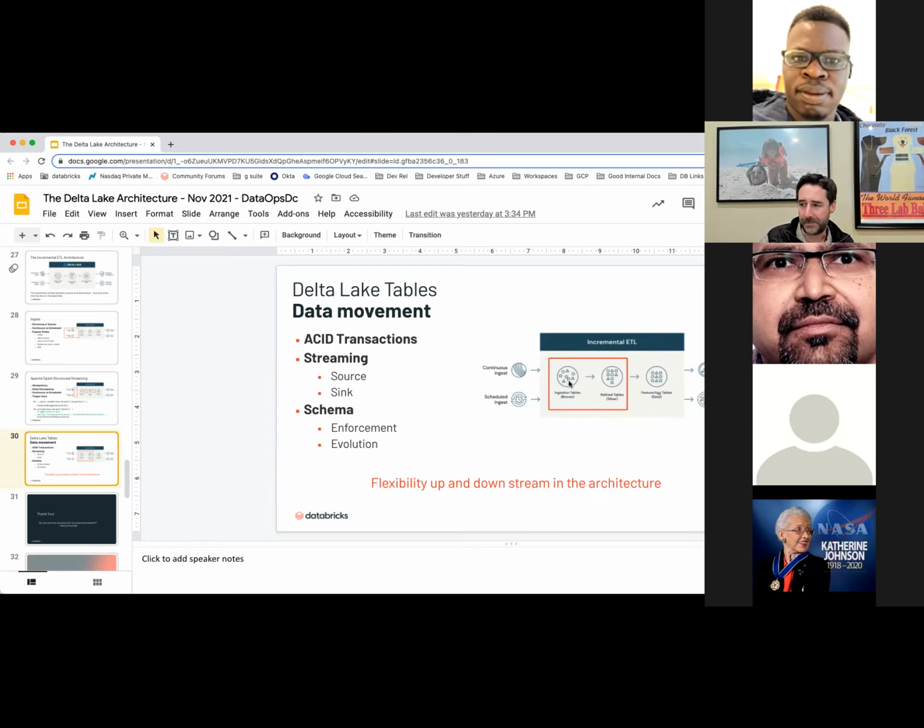Then you can use that clean silver data to build out aggregated data sets. In your case, that's probably where you're talking about advanced analytics, and you're pumping out new or updated aggregates. Let's say you're dealing with census data, and you had to rerun parts of the census, or you realize that your ETL was bad for a certain demographic or state.